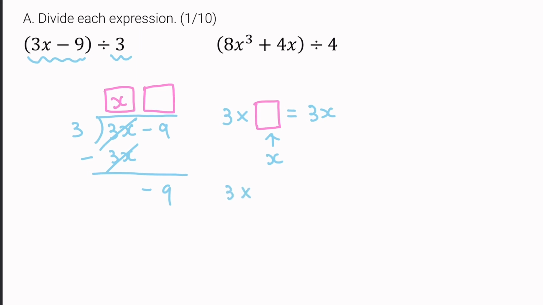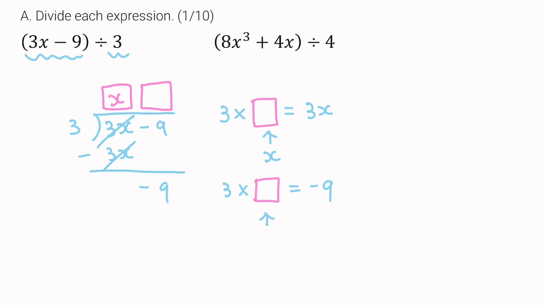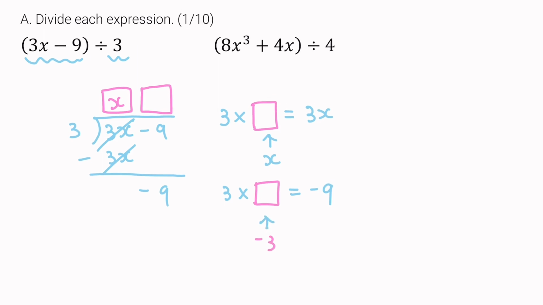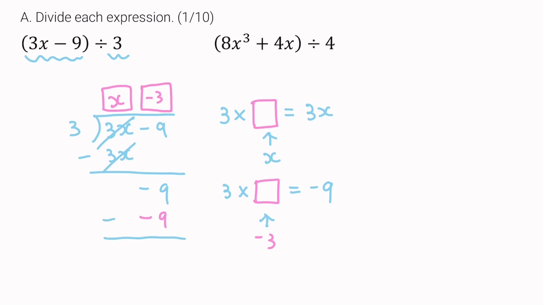3 times this number should give me -9. And that's a simple answer as well. I'm going to have to multiply by -3, right? So in this box, I'll have -3, and if I go ahead and check it, 3 times -3 will give me -9, and if I subtract -9 from -9, I'll be able to completely get rid of the integer term of -9.